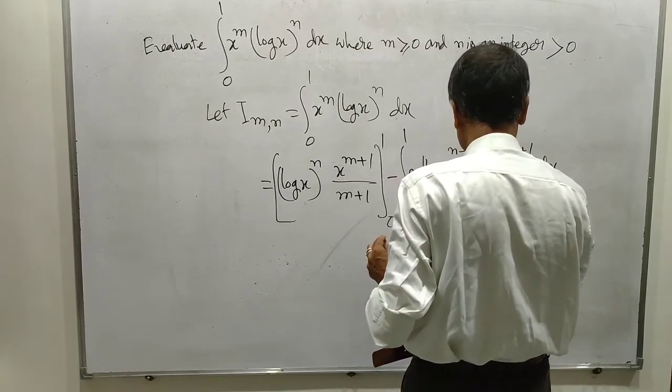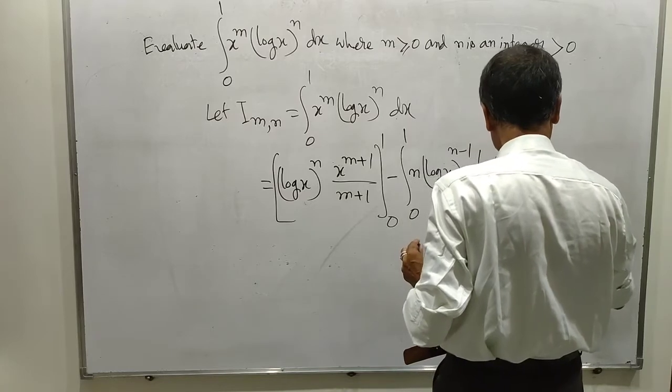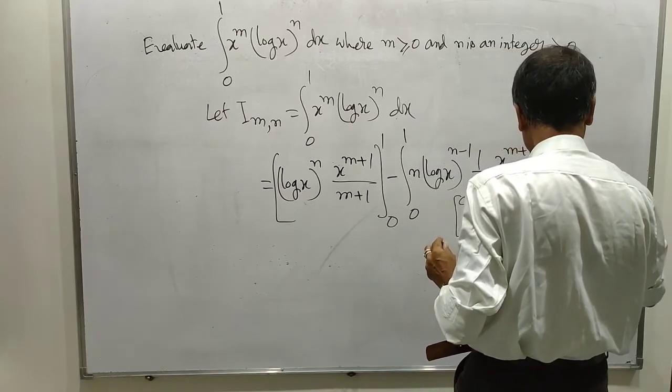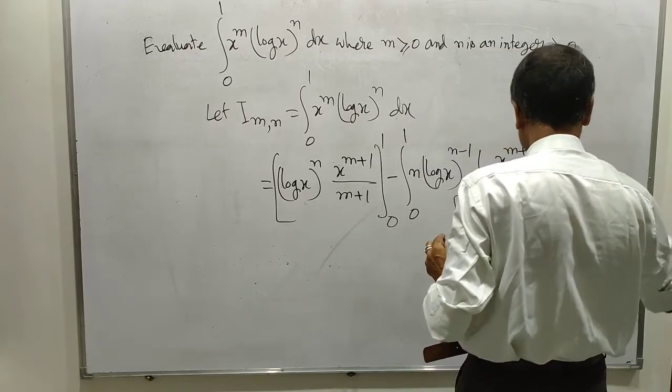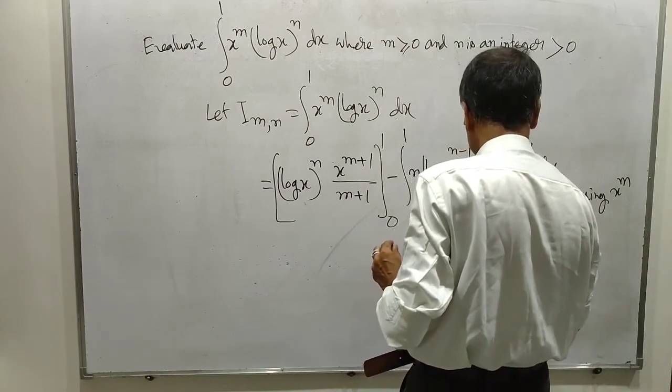You may write: integrating by parts, taking x to the power m as the second function.